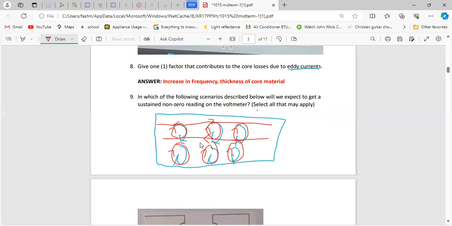But as you increase the frequency, the direction will be changing so fast that you'll have more induced eddy currents in the core material. By extension, if you have a thicker core, it means you have more space for more circles, so you will get more eddy currents.